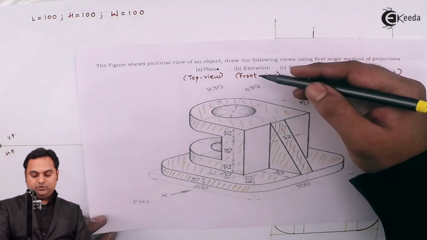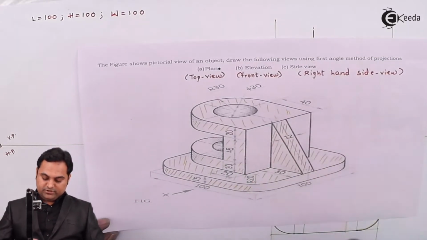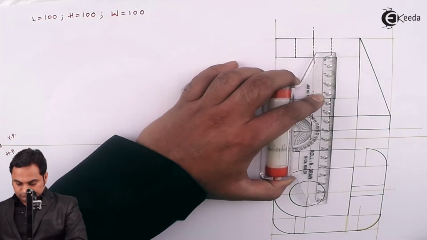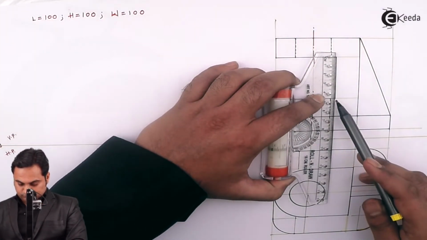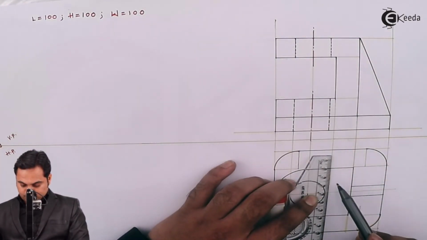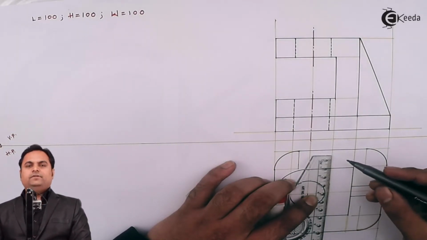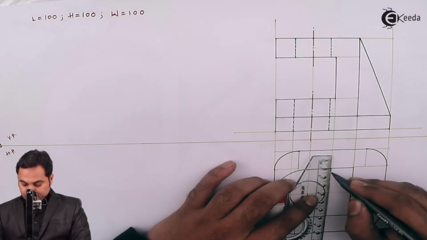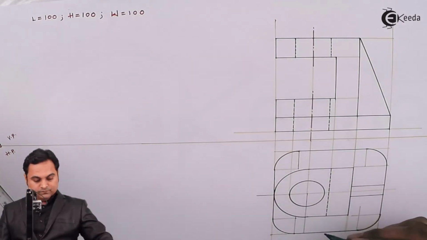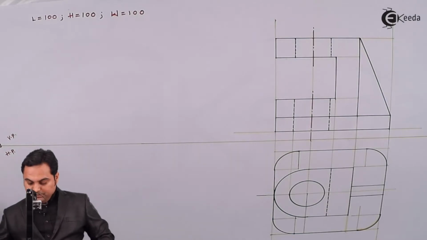So this cut, when it is not visible from the top, has to be drawn hidden, because this will be throughout the width. So I'll project it with the help of a light line, and then draw it with a dotted line. So here is the top view of the object, which is the complete top view.